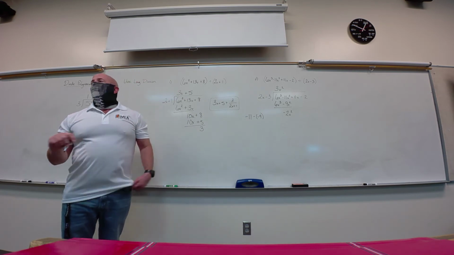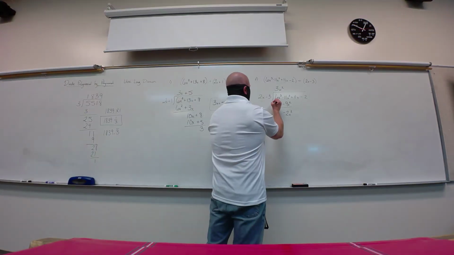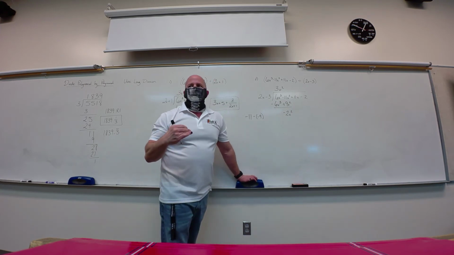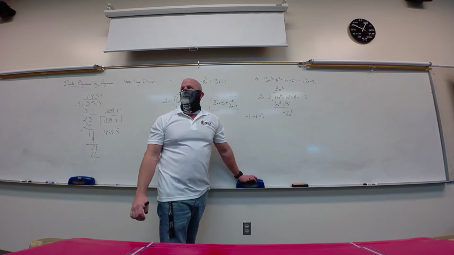What you don't want to do for your notes, you don't want to do this. I'm not saying that that's incorrect, but when you look back at this an hour from now, you're going to go, where'd those come from? Imagine 2 weeks from now, and you're getting ready for a test. You're really going to forget where those came from.